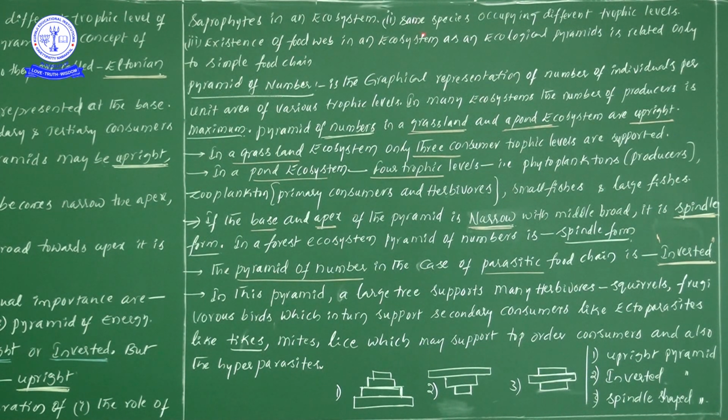So those species present in the same trophic levels also we should not consider in the pyramids.